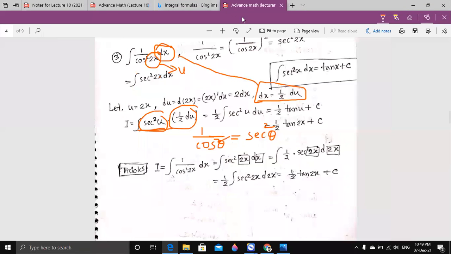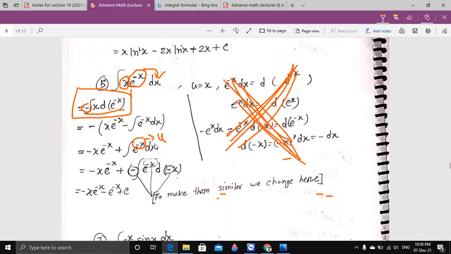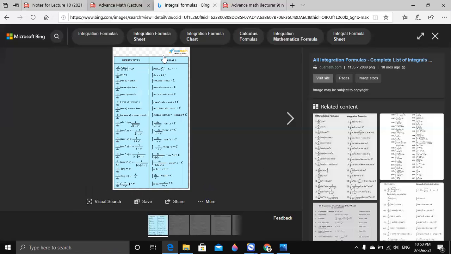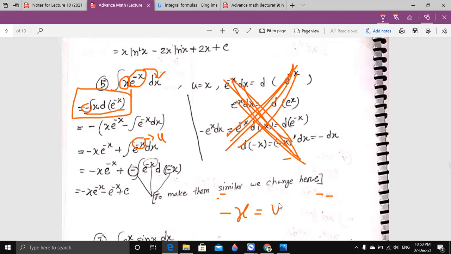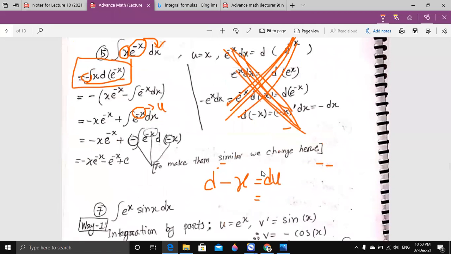And then we have to differentiate on both sides.